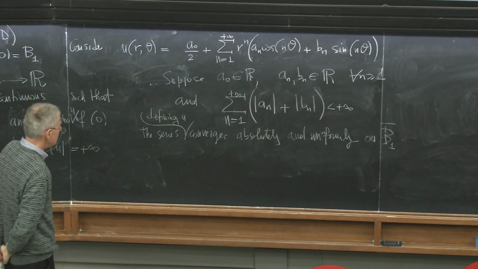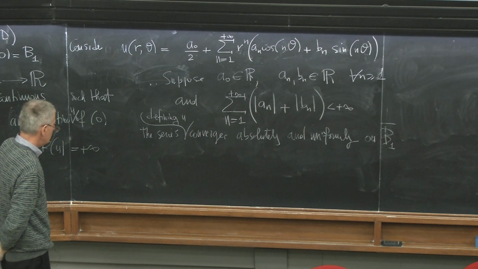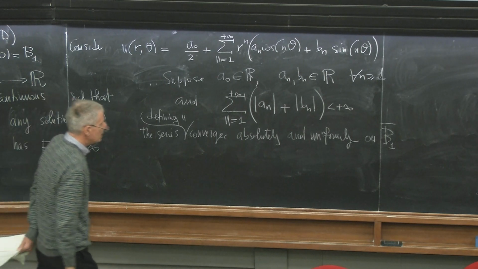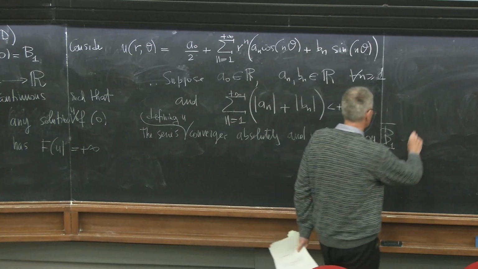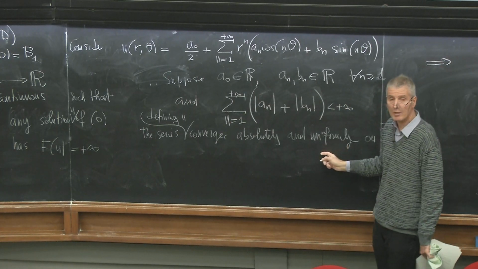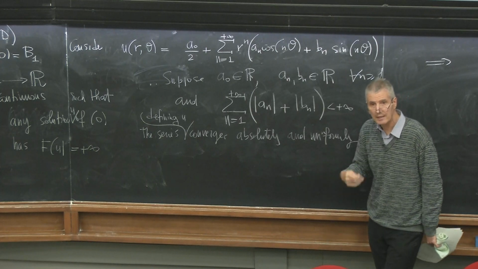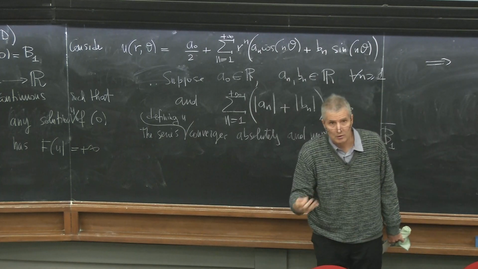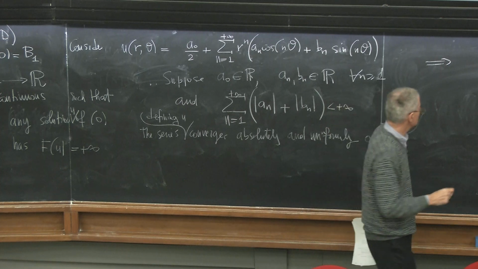What does this mean? This implies that at least u, the series is uniformly converging. It means that the limit is continuous in B1 closure.